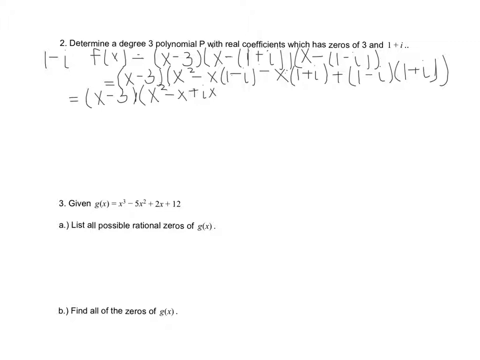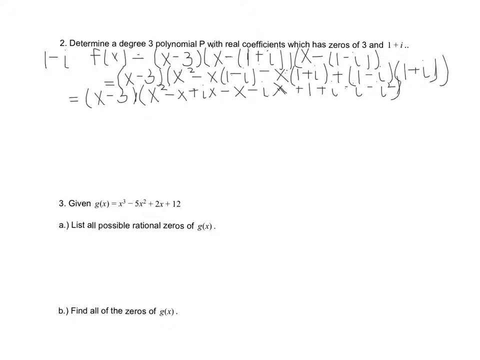Then distributing our second negative x, we get negative x minus ix. And then we want to distribute our 1 minus i to the 1 plus i, and we end up with 1 plus i minus i minus i squared.